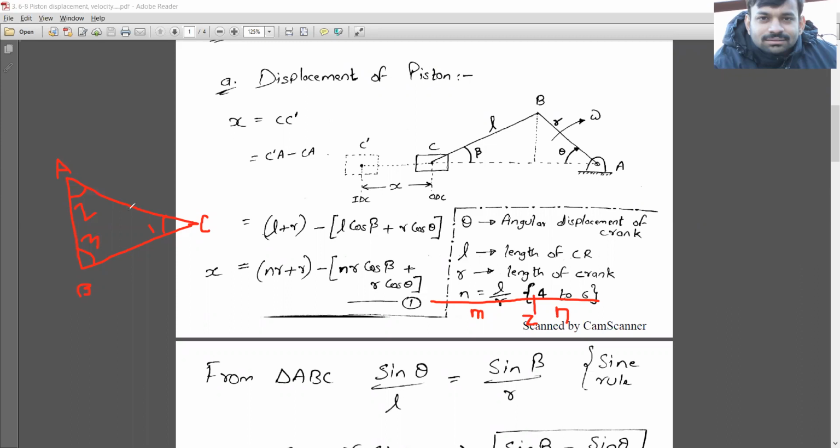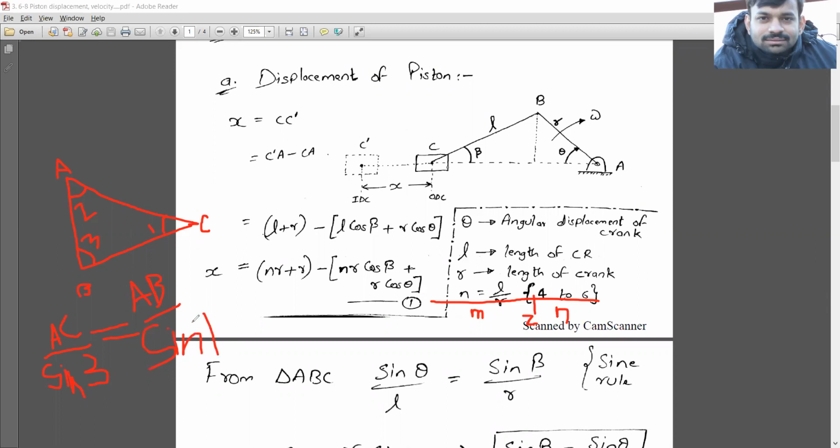If we say this length AC, I can write AC upon sine of the angle opposite to AC, which is angle 3, so sine 3, equals another side AB upon the opposite angle, which is 1, so sine 1.